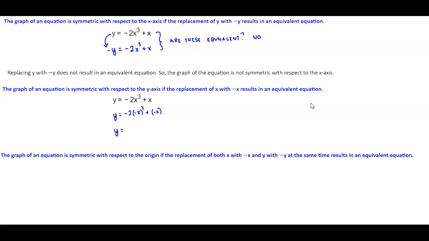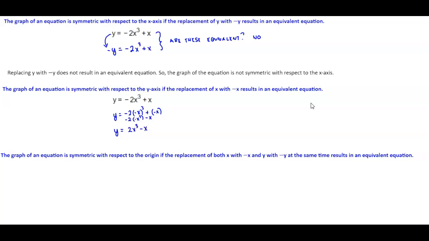We get y, which is equal to, well, this becomes a negative x. So this is negative 2 times negative x cubed. And then this becomes plus minus x, which is minus x. So a negative times a negative is going to give us a positive 2x cubed, and then that's minus x.